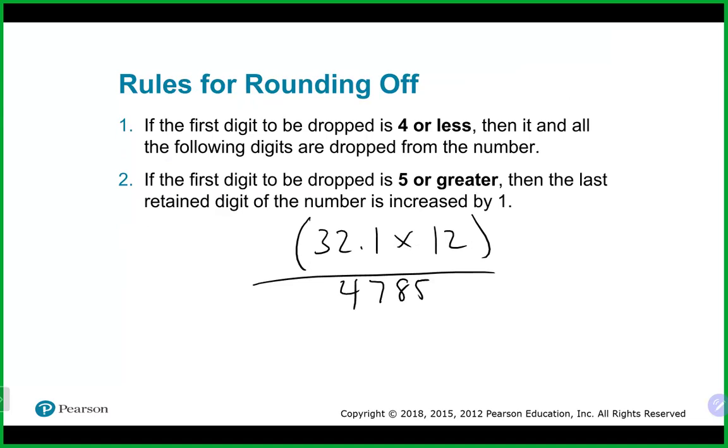What we're doing in the parentheses is multiplying, which means we're looking at significant figures. This number here would have 3 significant figures. This number here would have 2 significant figures. That means when we're done with the top part of the calculation only, we technically should have 2 significant figures.